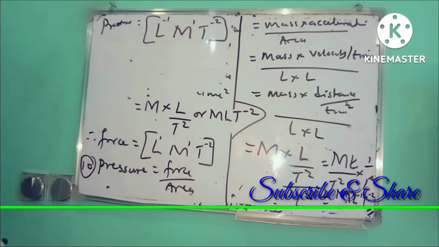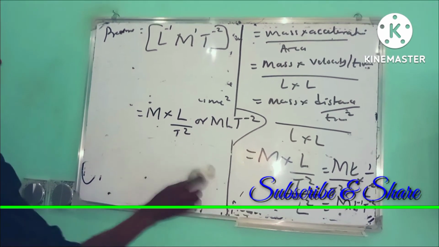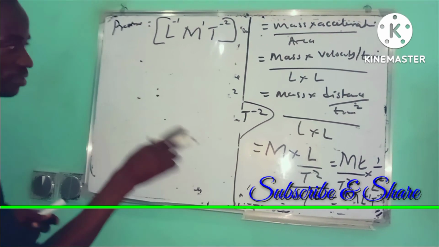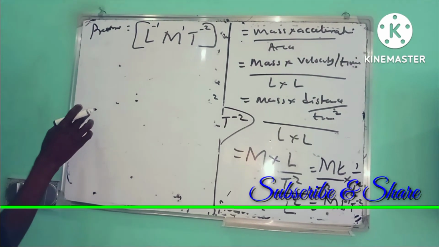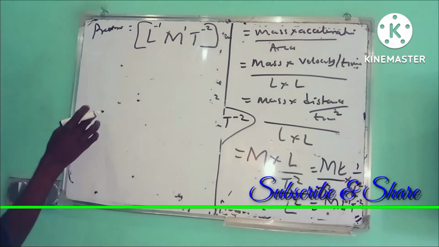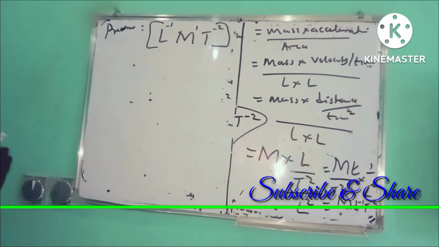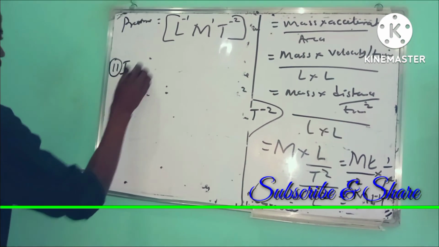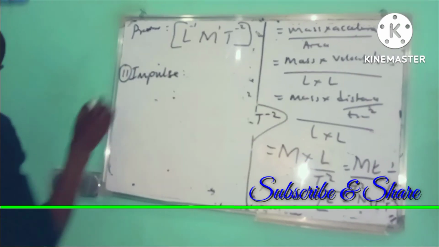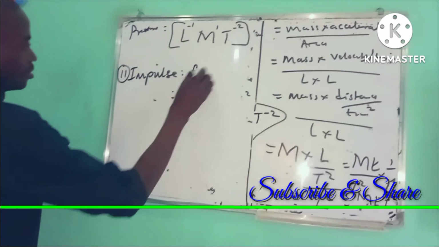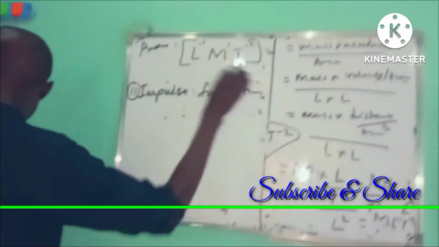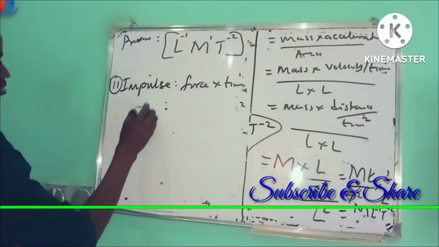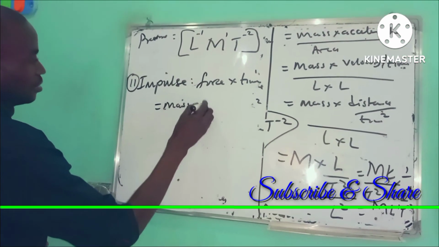So the next example we shall consider is example 11. That is, we are considering impulse. And impulse is explained in terms of force times time. Force times what? Time. And this force can be broken down as mass times what?